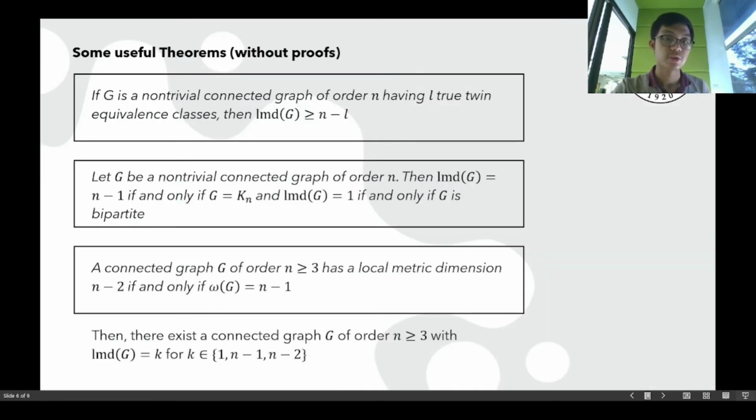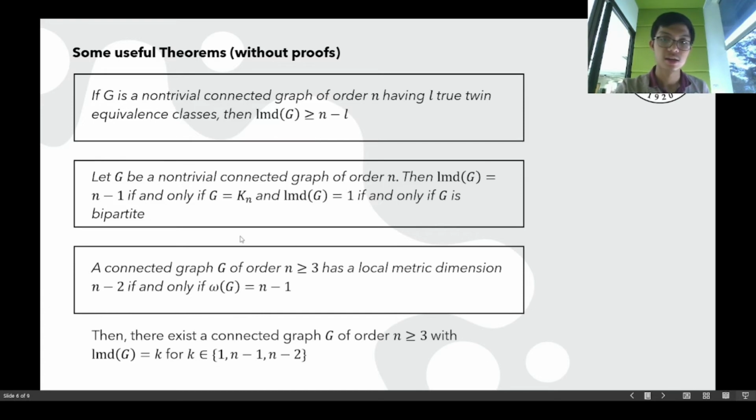Here are some useful theorems about local metric dimension. First, if G is a non-trivial connected graph of order n having L true twin equivalence classes, which I will explain later, then LMD G is greater than or equal to n minus L. Second, if G is a non-trivial connected graph of order n, then LMD G is equal to n minus 1 if and only if G is a complete graph of order n, and LMD G is equal to 1 if and only if G is a bipartite graph.